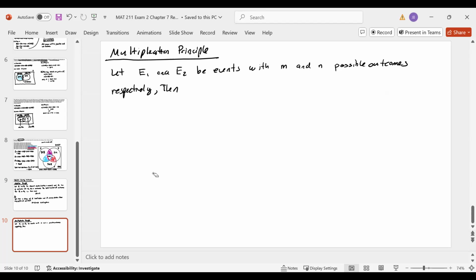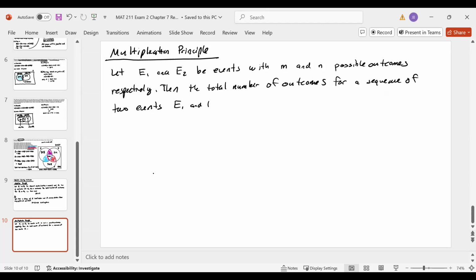Then the total number of outcomes for a sequence of two events, E1 and E2, is M times N. You just multiply them together.